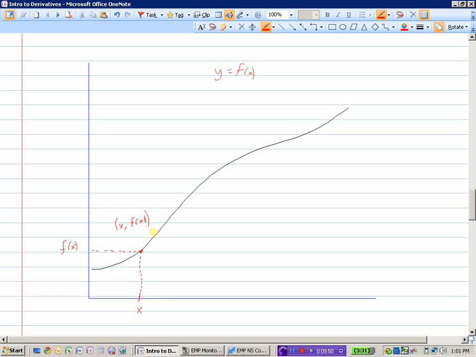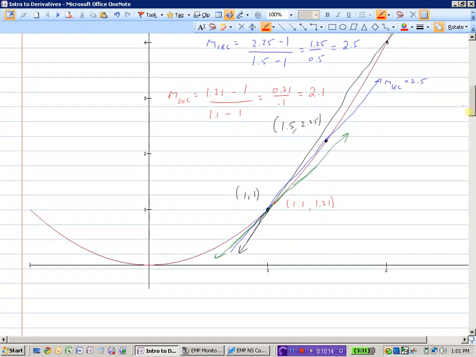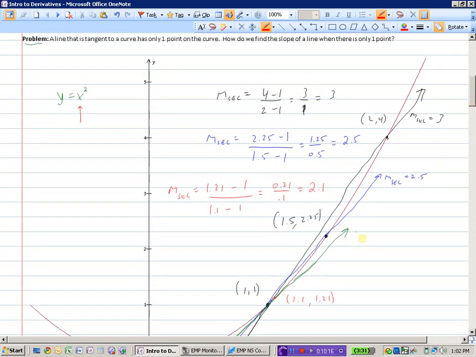Now what I'm going to do, just like we did before, is take another point out here that is x plus h. So just a little bit bigger than what x was, because we must have 2 points to calculate slope. Back here, the x value was 1.